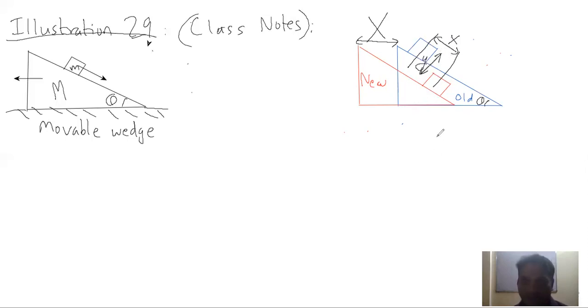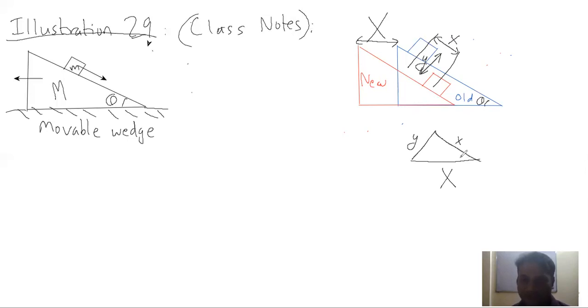Now if I draw a triangle, this will be y, this distance will be capital X, and finally this distance will be small x.